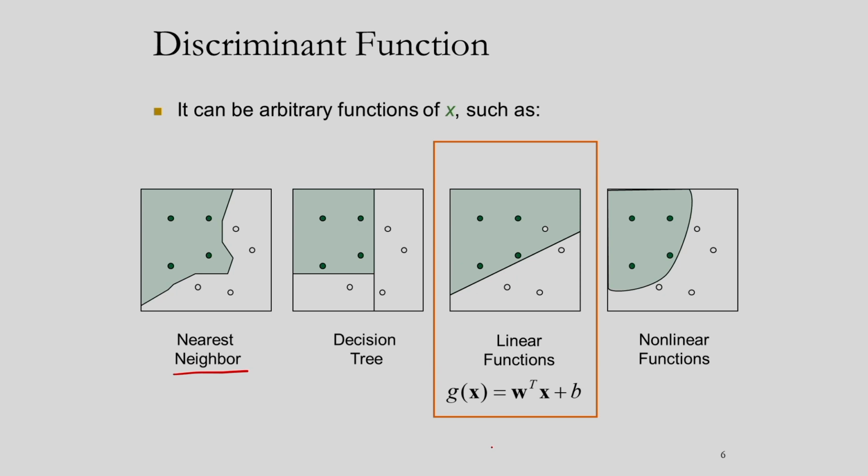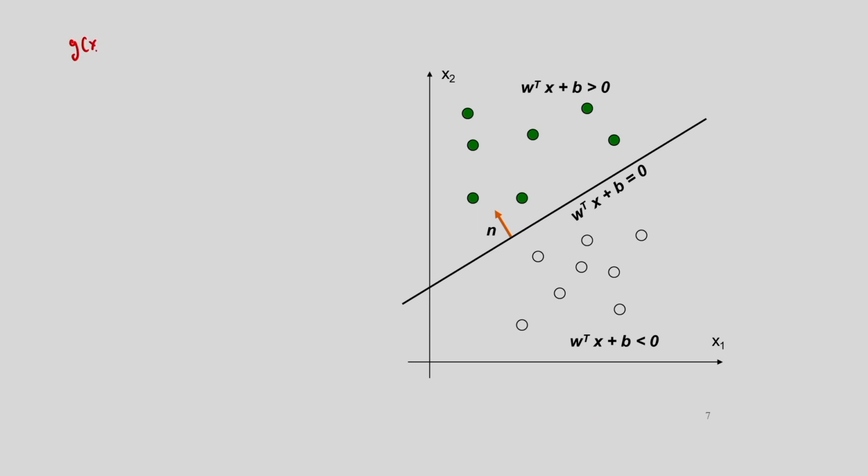So now let us consider G(x) as a linear function, and the expression for the linear discriminant function is W transpose x plus B. You can see I am showing one decision boundary between the classes.